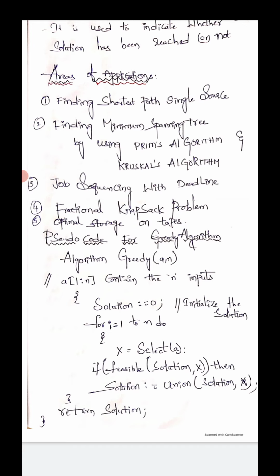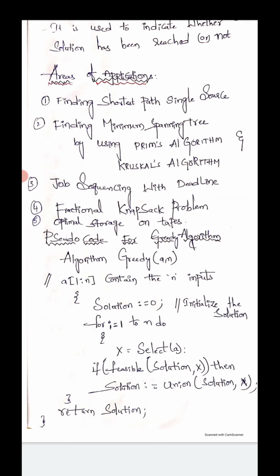Then we check the condition: if feasible(solution, x), meaning it should be possible to include x in the solution, then solution is assigned the union of solution and x. Finally, we return the solution.